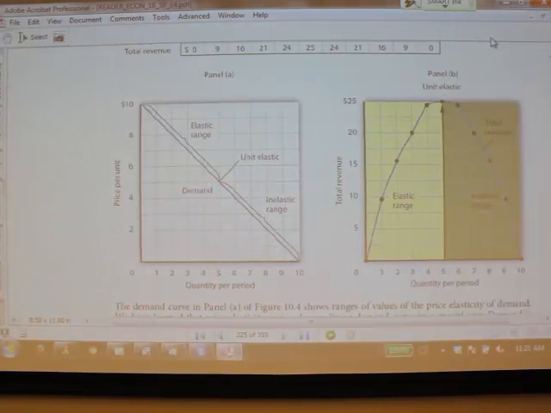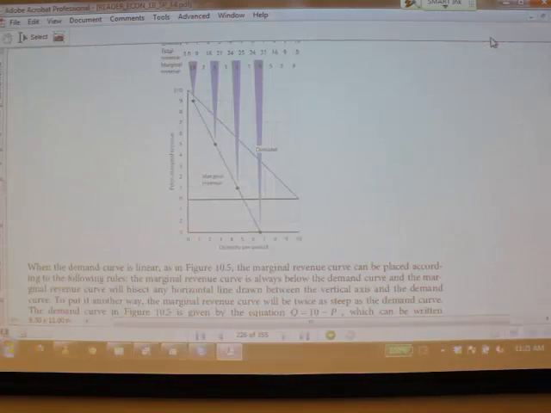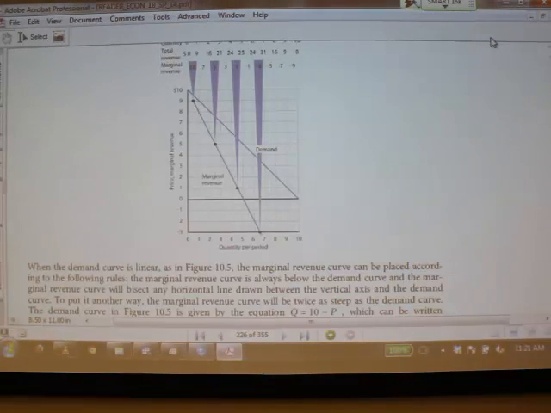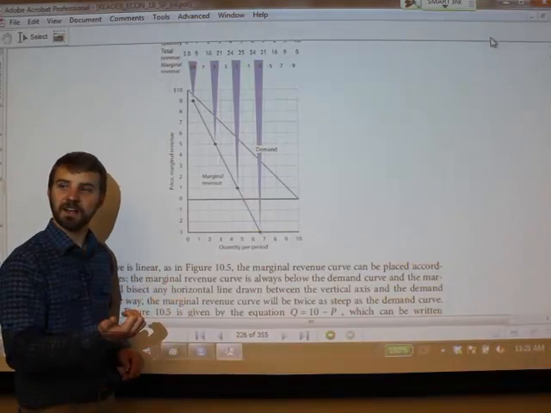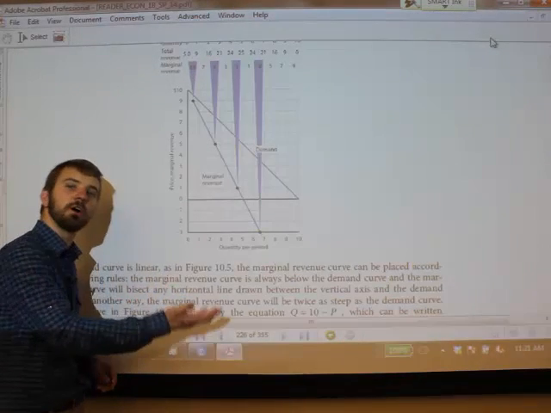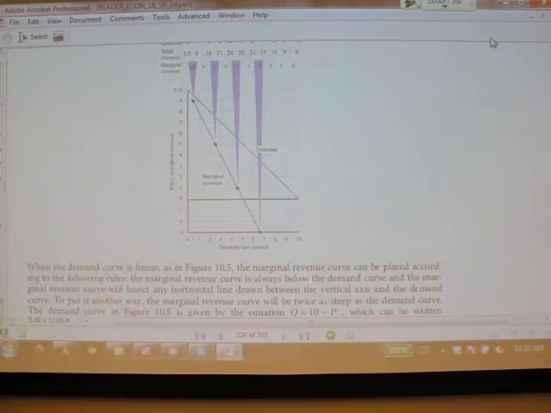But the main thing to take away from this discussion is that the marginal revenue curve is twice as steep as the demand curve. And the reason for that is, as you lower your price to get more customers, you lower your price not only for the new customers, but for all the other customers who were already buying it. And so that means your marginal revenue is going to be less than the demand curve.